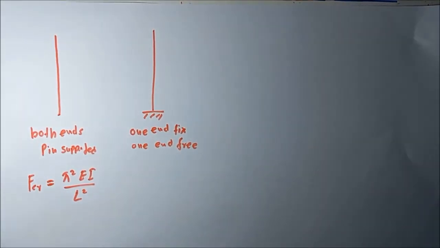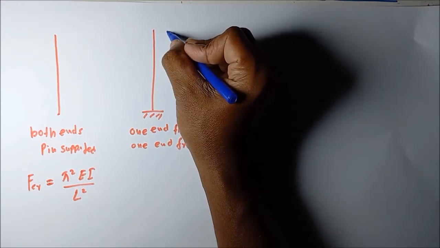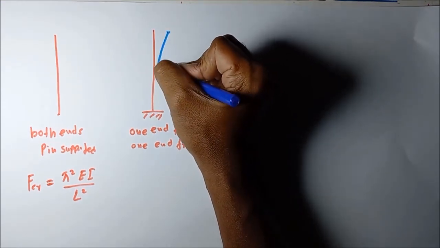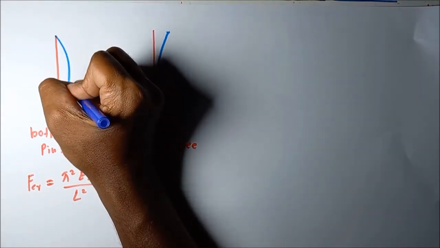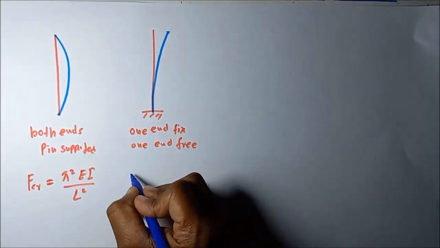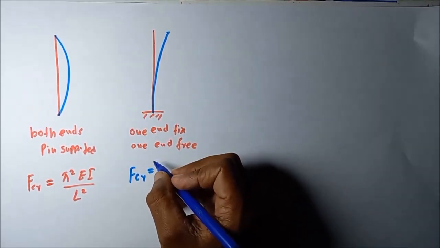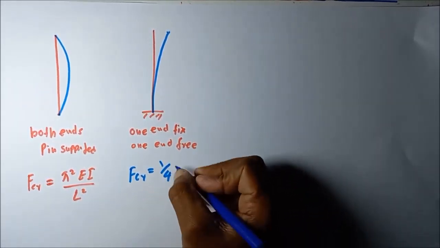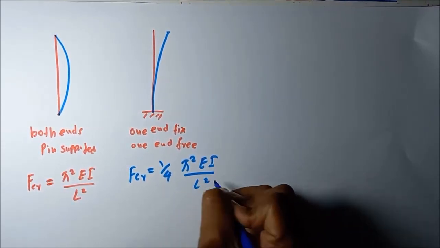In this situation, it will buckle forming this kind of curvature. The critical buckling load is equal to 1/4 pi square EI divided by L square.